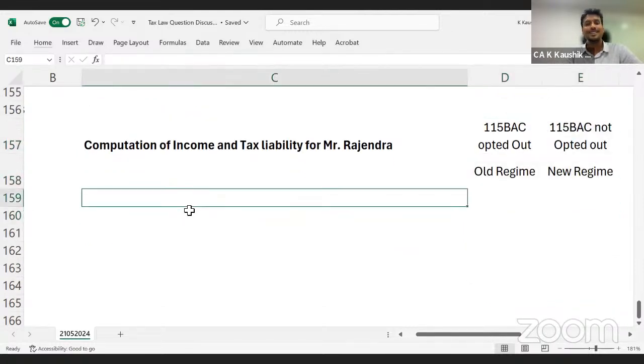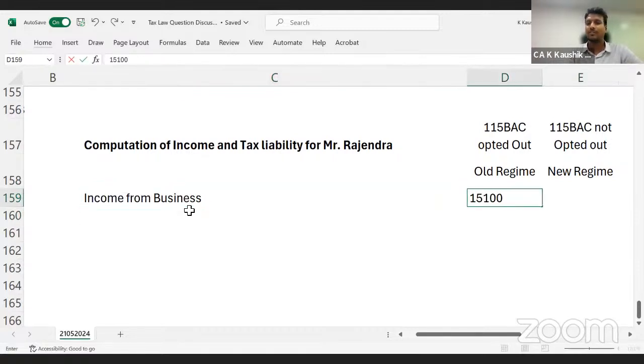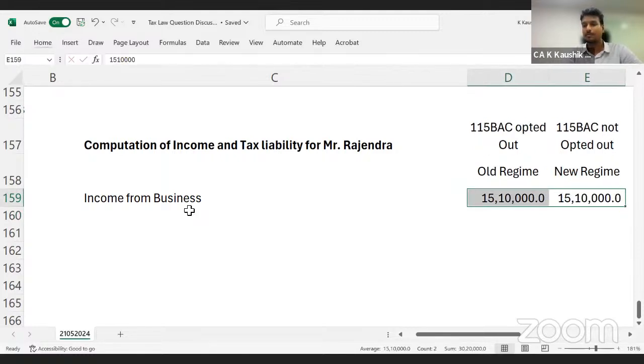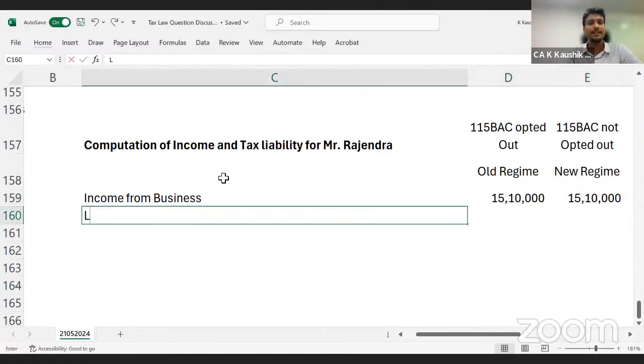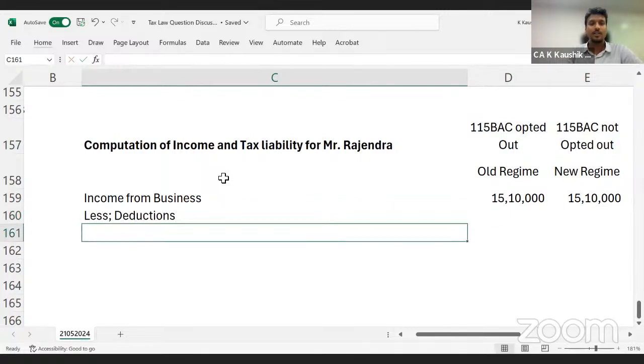Now, first thing is income from business. Income flow will not change irrespective of the regime, both will be the same. Then less deductions.